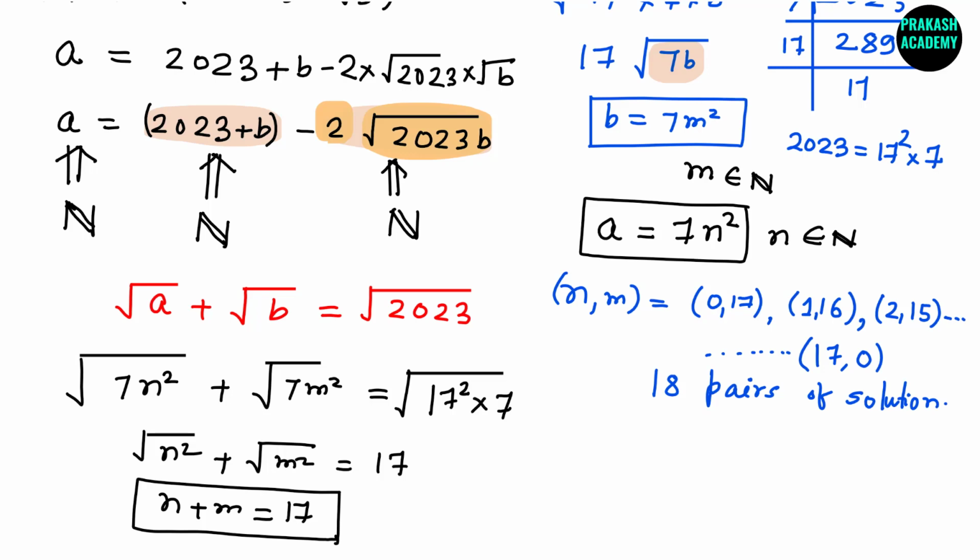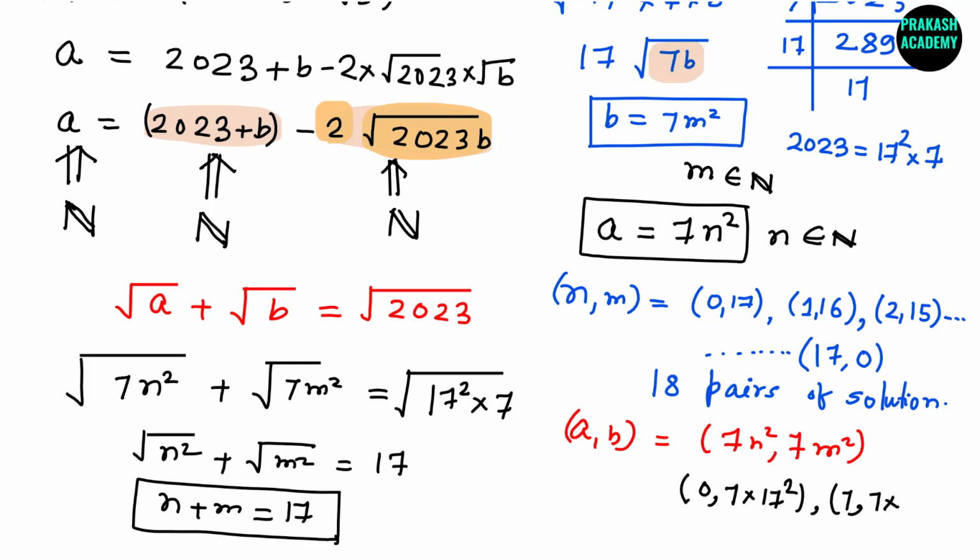Now see, this is the value of n and m. Sorry, the value of a and b is basically 7n square and 7m square. So for a and b, again it will be 18 pairs, and the solution will be: the first will be 0 and 7 times 17 square, and the second can be 7 times 1, that is 7, and then 7 times 16 square, and this will go on.